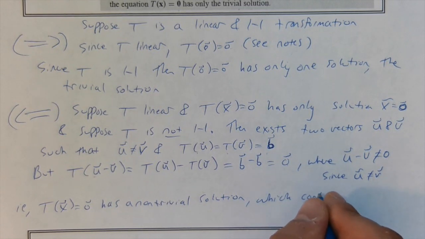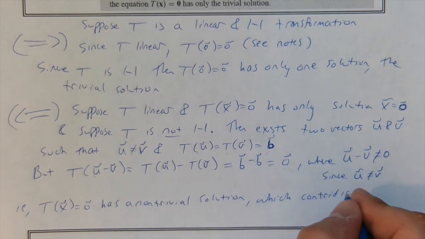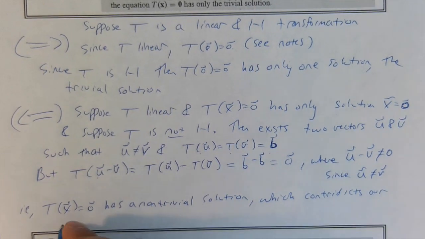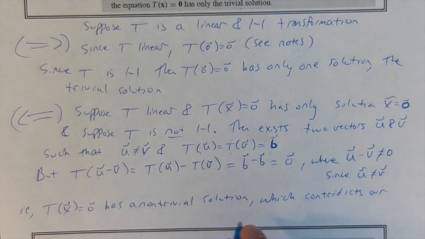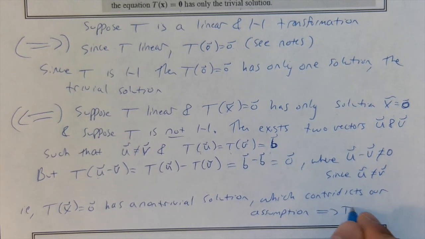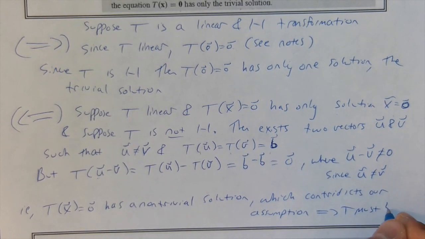This contradicts our original assumption. And so that means T must be one-to-one.